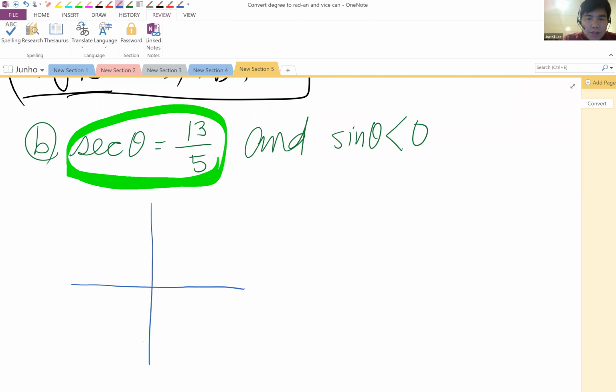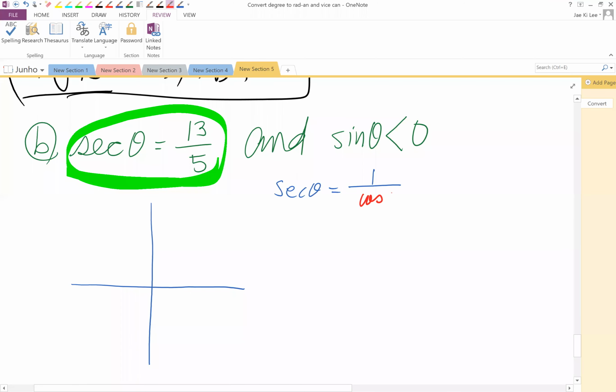So which means secant theta means 1 over, what's the secant theta is 1 over, anybody? Cosine? Yes, cosine theta, right?